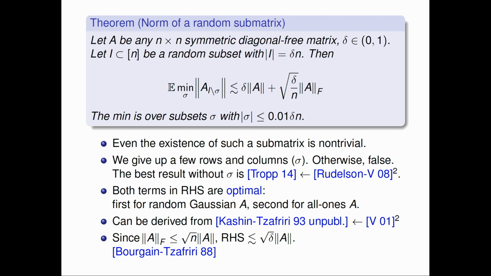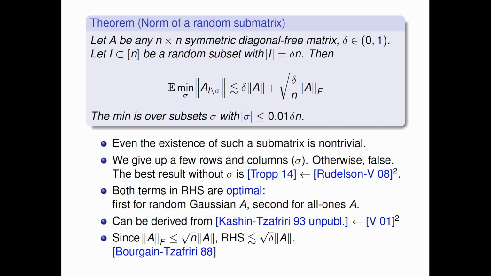You can also see that both of these terms are optimal. Just think of, for 2 minutes, take A to be a random matrix, and it should scale like delta. I think this should be the right scaling. And if you take A to be a rank 1 matrix full of ones, then this should be the scaling. Can I clarify, when you say A random matrix, you mean a random symmetric matrix?